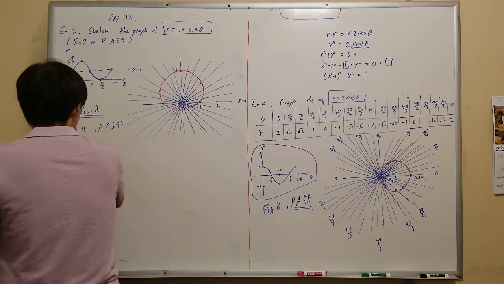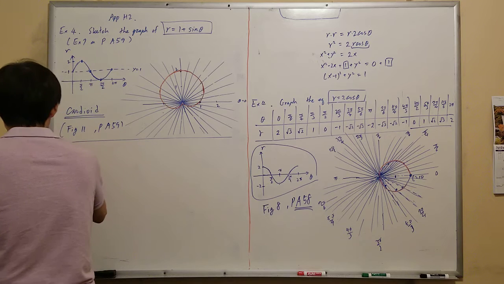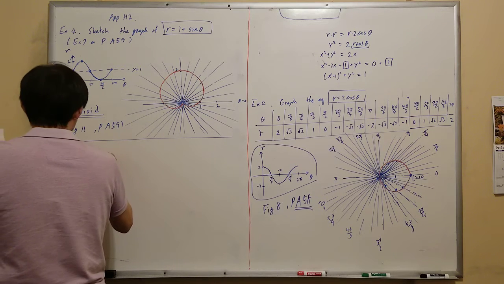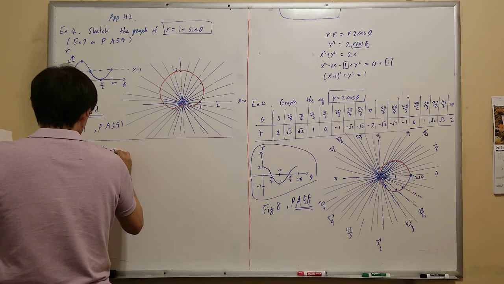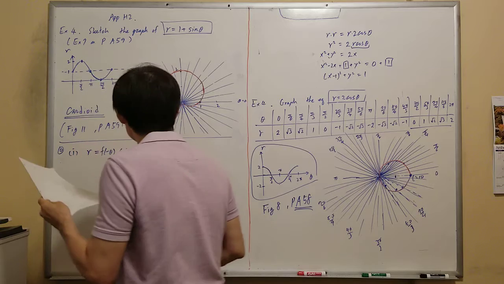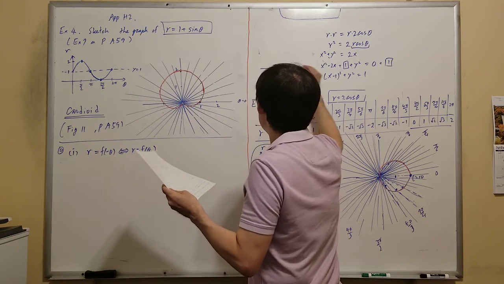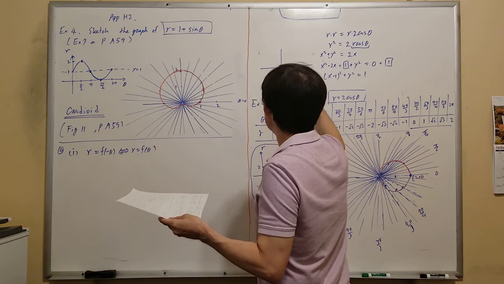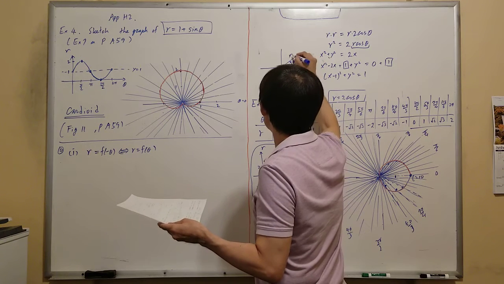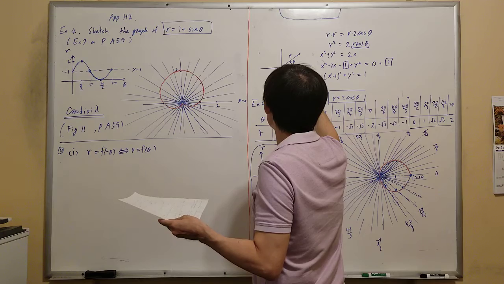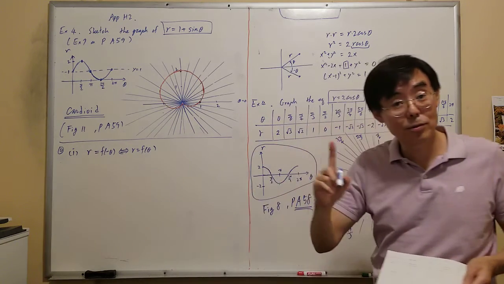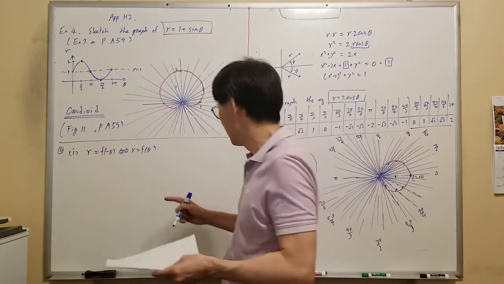Just like that, we have the following symmetry checker. r equals f of negative theta is the same as r equals f of theta. Theta to negative theta means reflection through the x-axis.